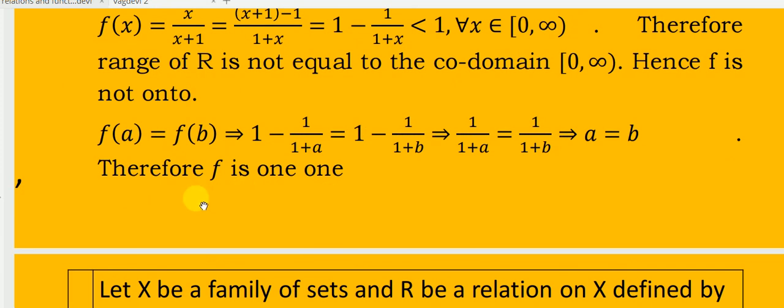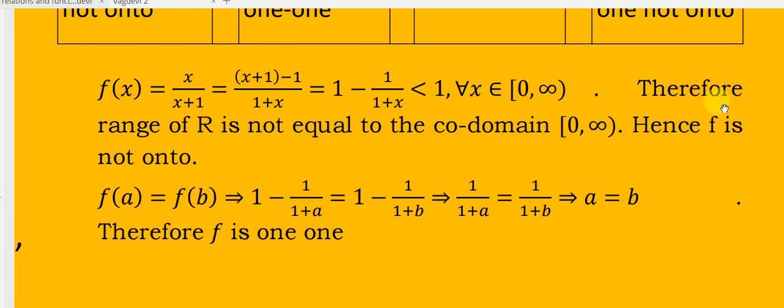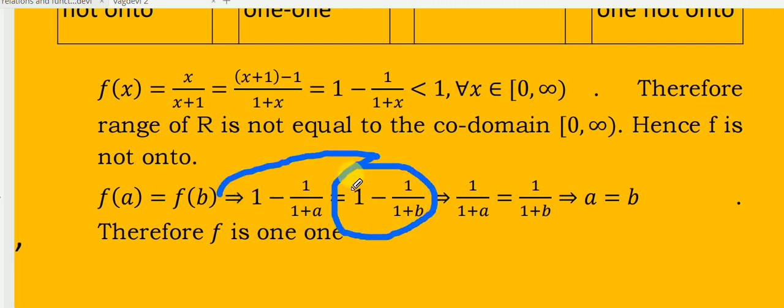So f of a equals f of b implies, let me consider f of a is equal to f of b, which implies 1 minus 1 by 1 plus a. This, 1 minus 1 by 1 plus x, is another form of f of x. So 1 minus 1 by 1 plus a is equal to f of b, which is 1 minus 1 by 1 plus b.